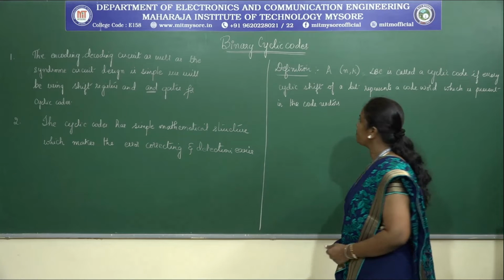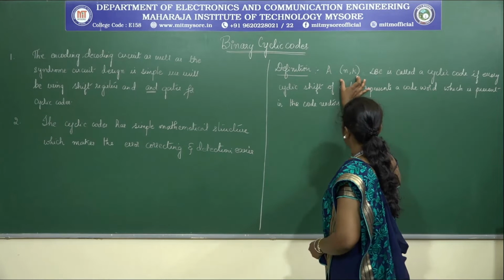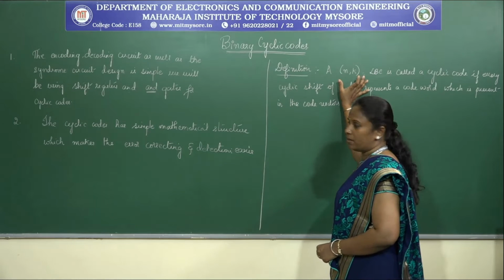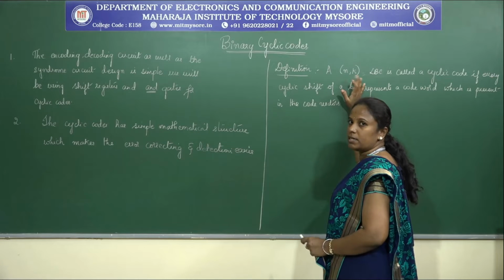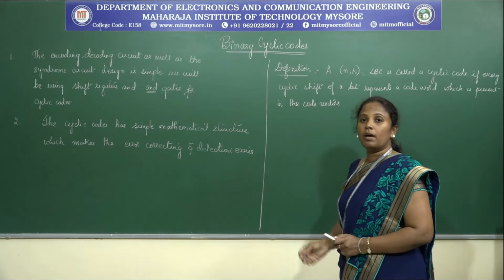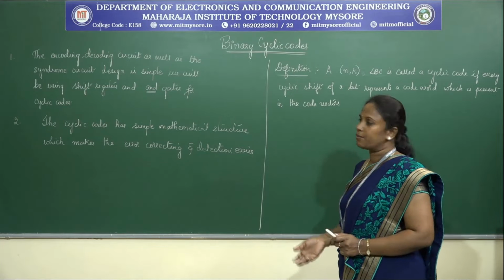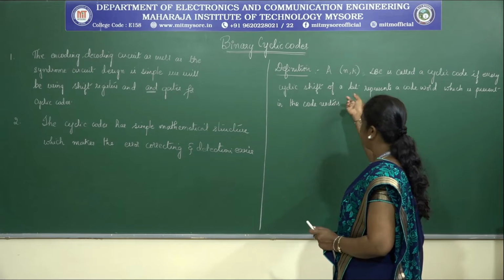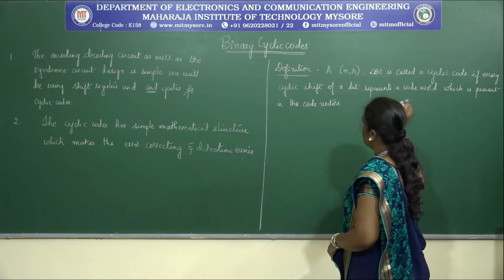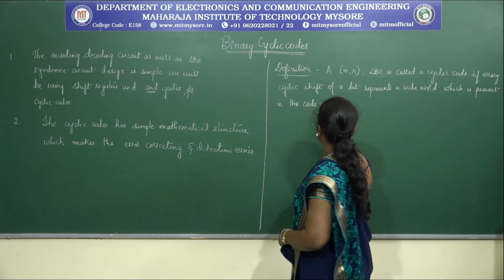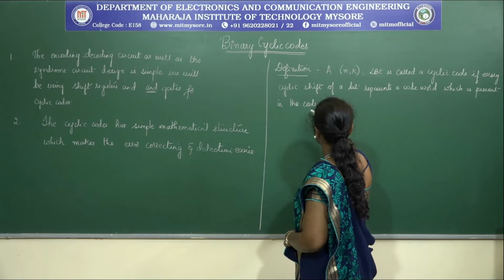That means we have considered some (n, k) linear block code, and this structure is called a cyclic code when every cyclic shift of a bit represents a code word present in the code vectors.